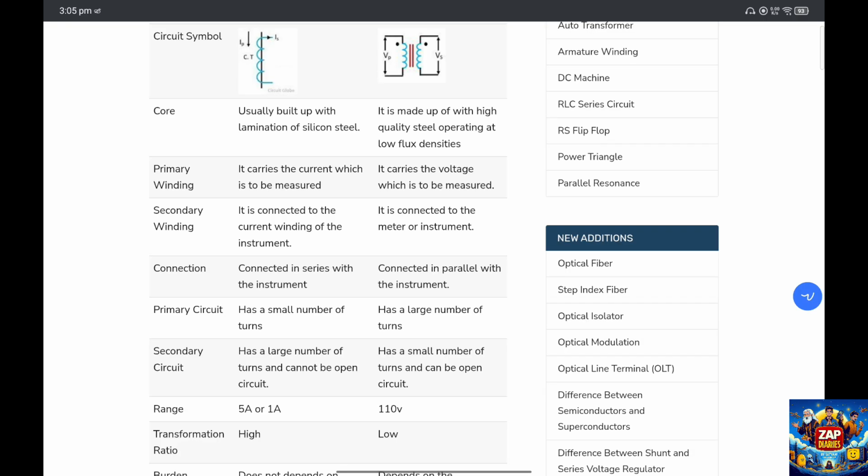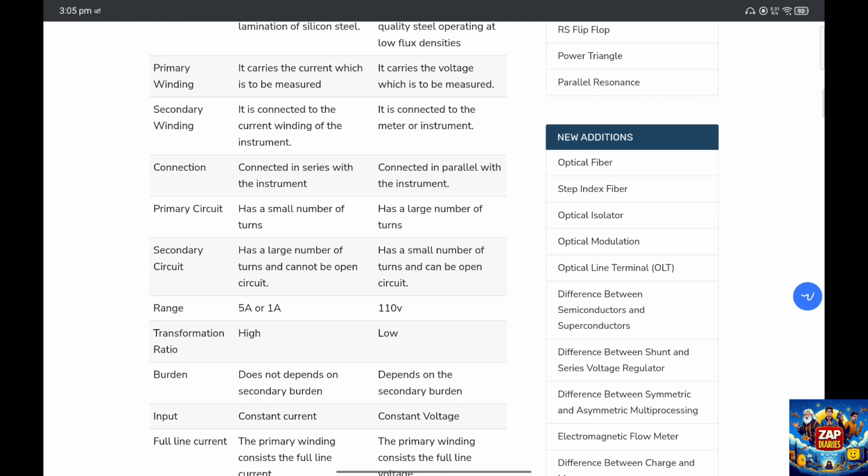Talking about the connections, CT is basically connected in series, and the PTs are connected in parallel to the bus bar. For the primary circuit, CTs have a small number of turns.